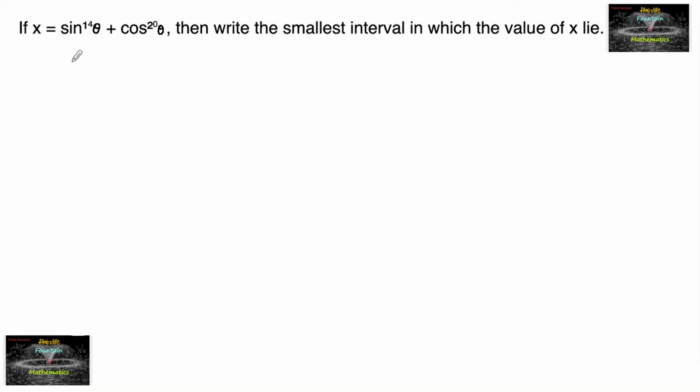If x is equal to sin power 14 theta plus cos power 20 theta, then write the smallest interval in which the value of x lies.